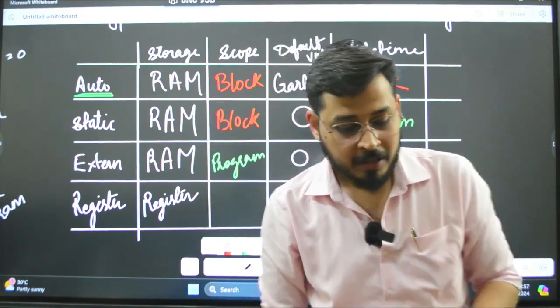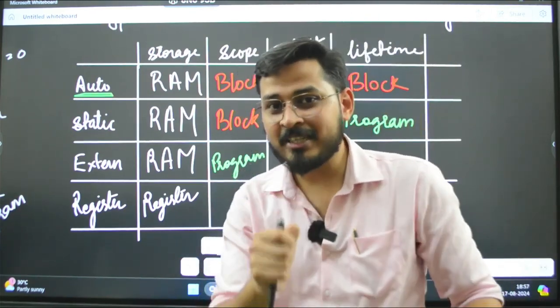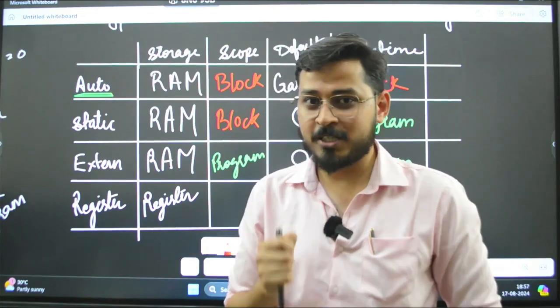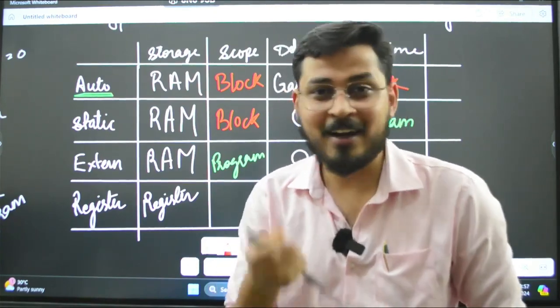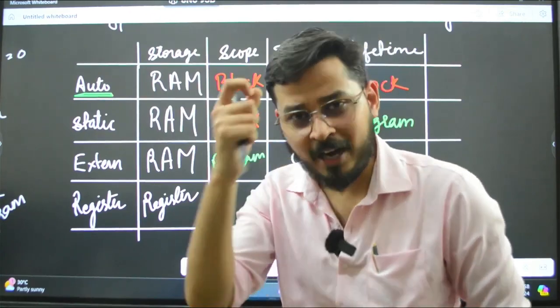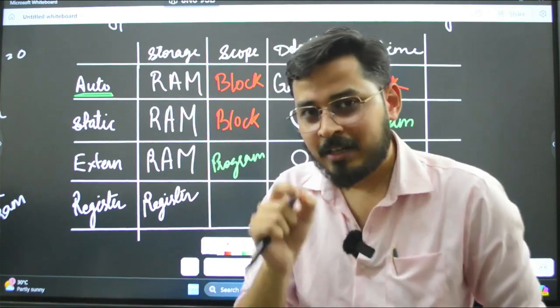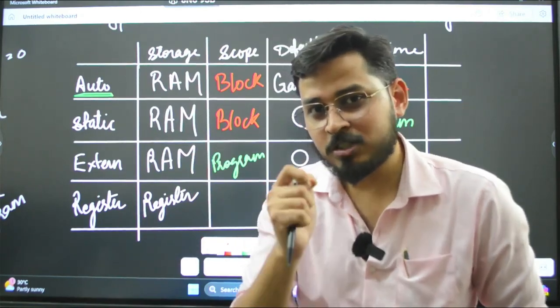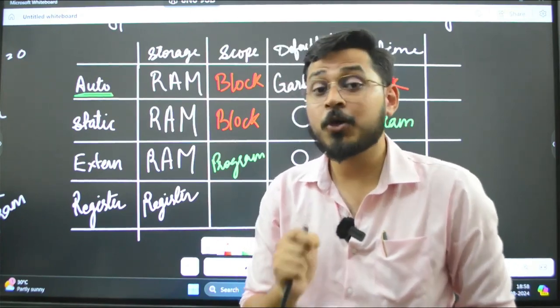Okay. If you have done engineering, and specifically computer science, which I don't know how many of you in the chat have, let me tell you one scenario. In engineering, in computer science, there is one subject called computer organization and architecture, COA.